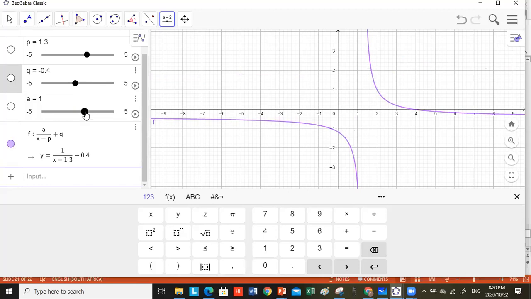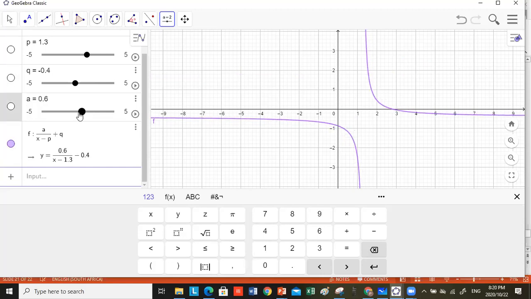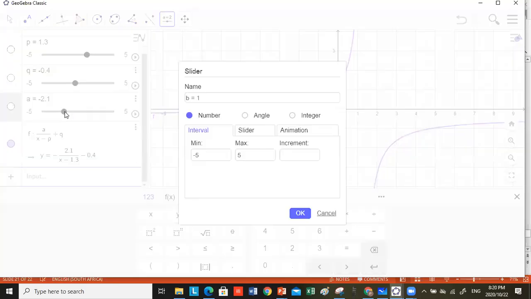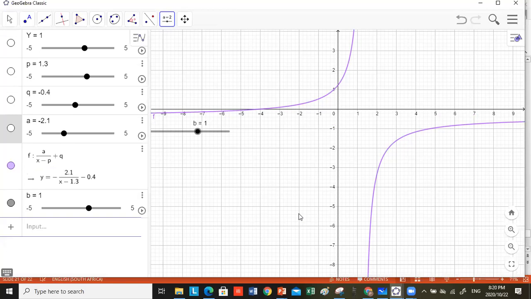Now, for a change, just decrease a and see what is going to happen. So this is what is happening. It is going towards the second quadrant and the fourth quadrant.